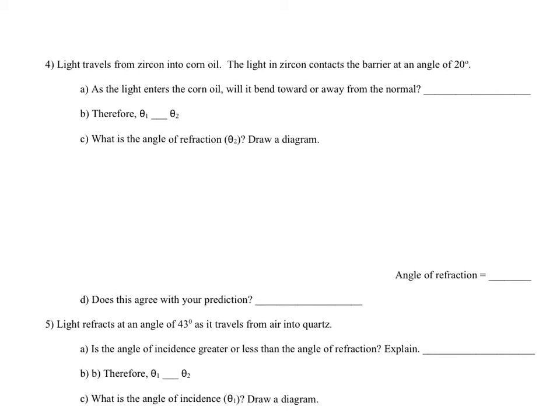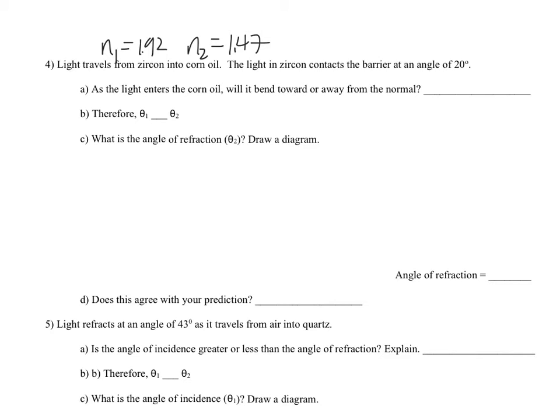So light travels from zircon into corn oil. So you always go into n2. So corn oil is our n2, and zircon is our n1. The light in zircon contacts the barrier at an angle of 20 degrees.